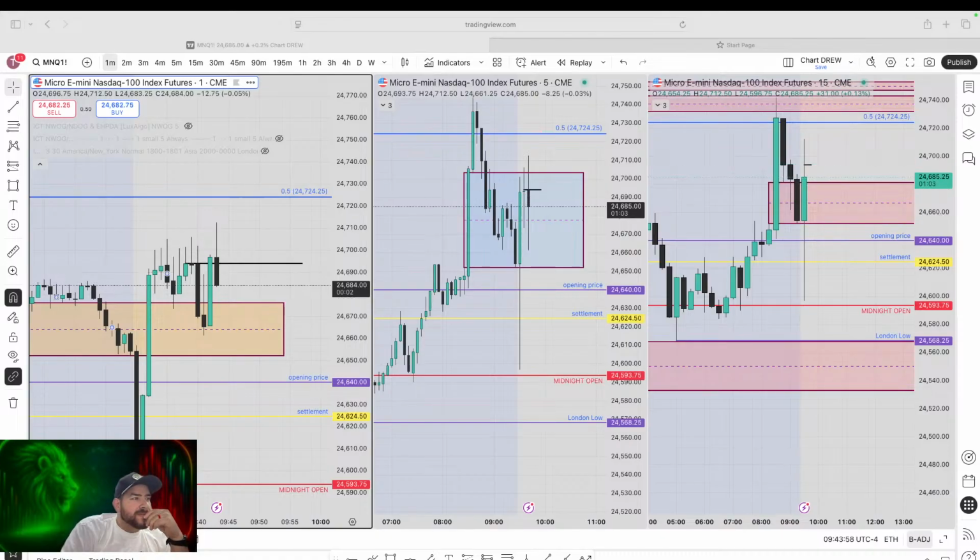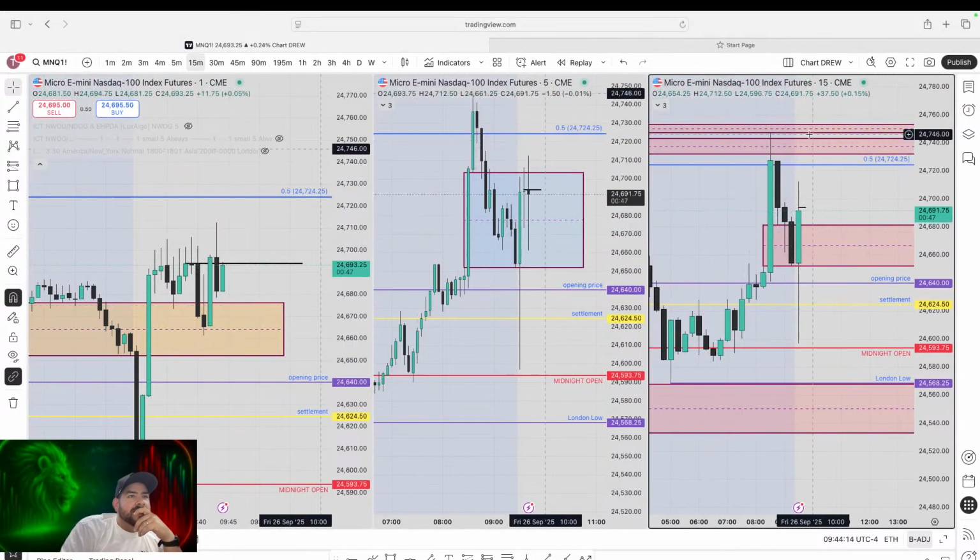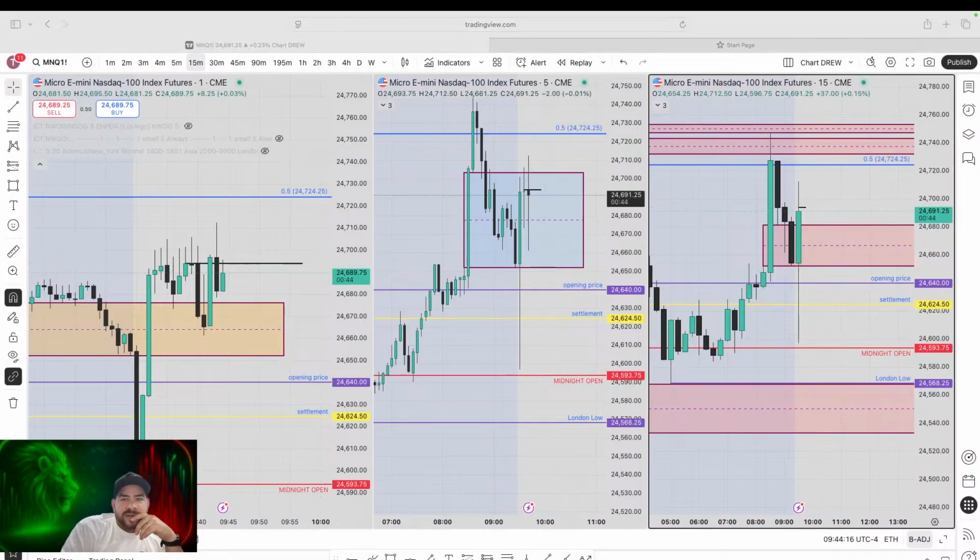We'll see. Okay, we'll take a jab right here for long. See if we want to go up. Do we want to take out 746 or not? Real tight stop loss. I'm already stopped out that quick.